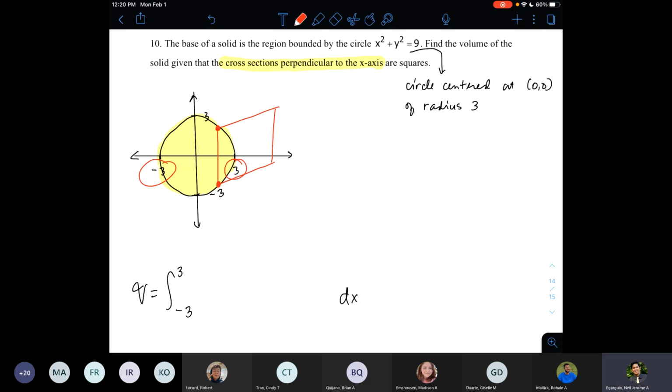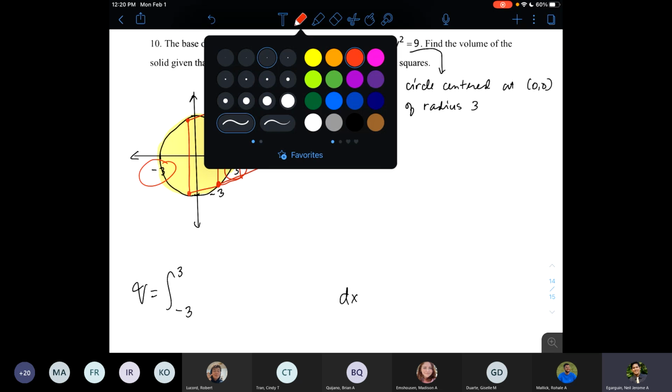Now, the solid is formed by stacking together infinitely many squares lying on top of the circle, right? If I have a vertical strip here, that corresponds to another square. I do that infinitely many times, I'll get my solid. And that tells me to get the volume, I just need to sum up the areas of those infinitely many squares.